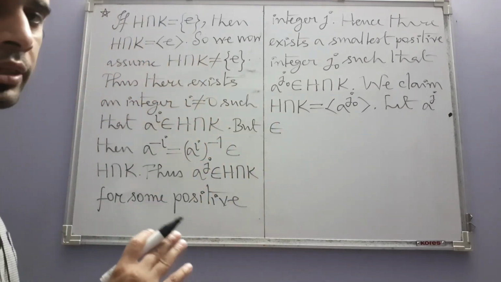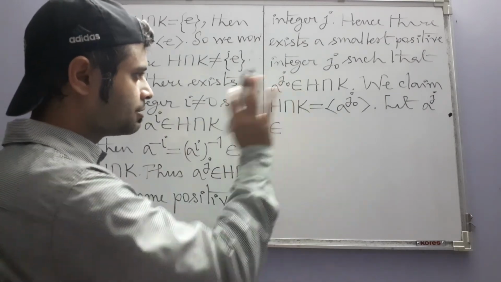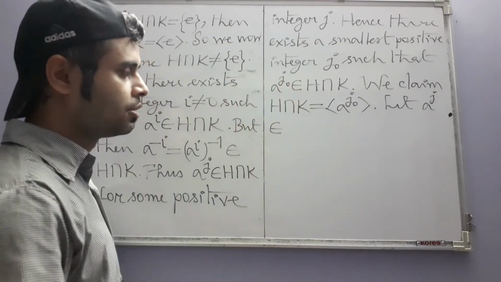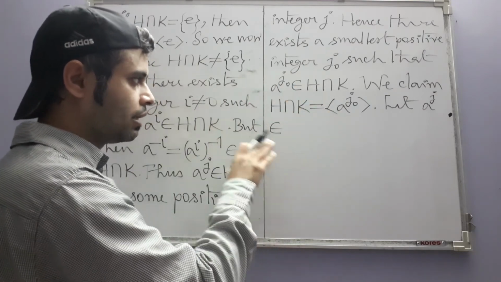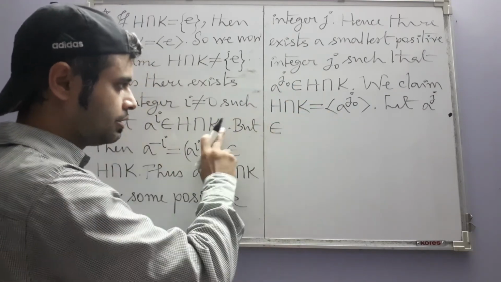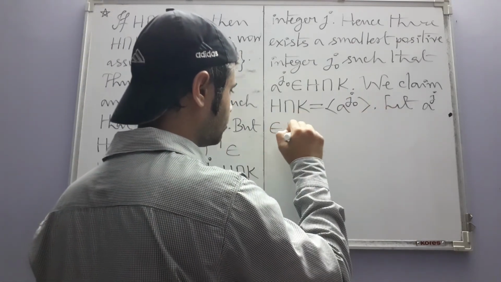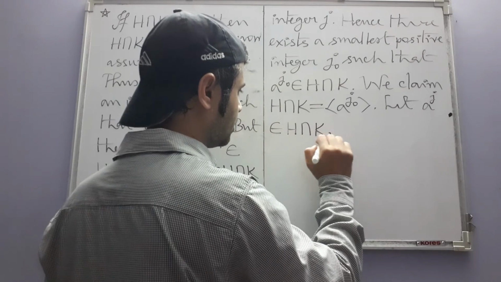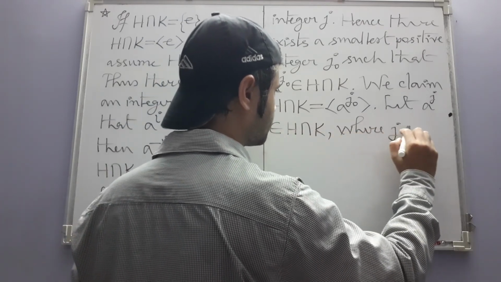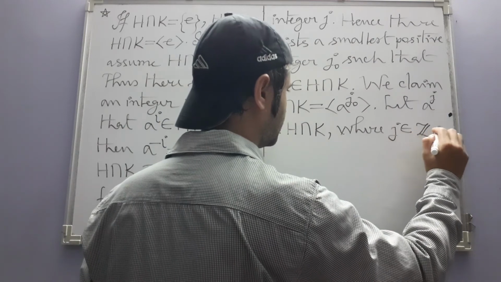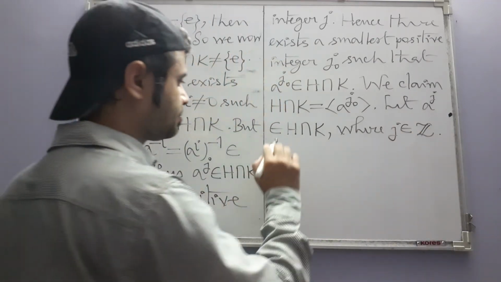Why does it look like that, a to the power j? Because ultimately this thing is inside H. So whatever element you take should be an integral power of a, where a is a generator of H. So let this belong to H intersection K, where of course j is some integer. Now positive or negative, we don't have to consider that.